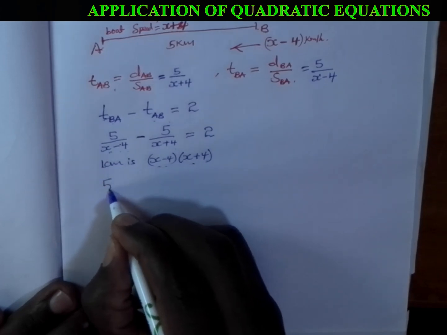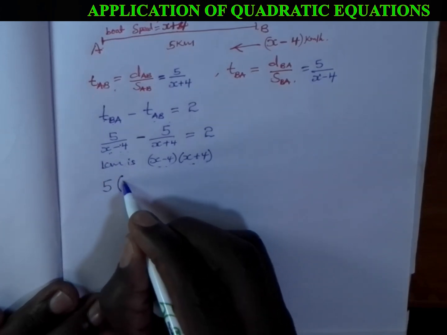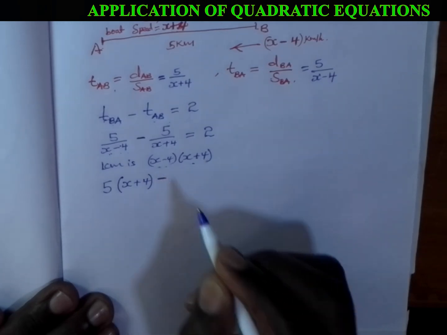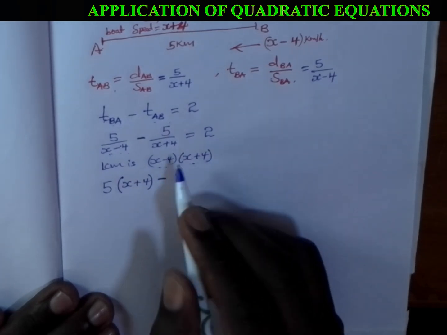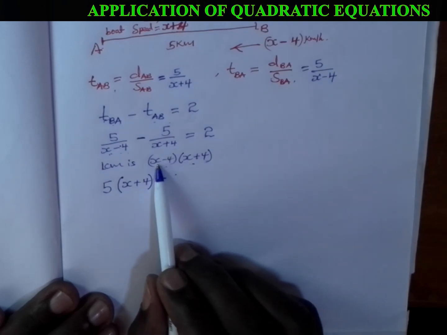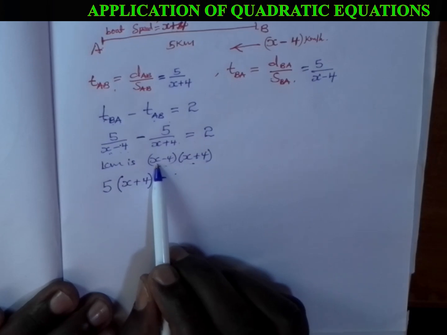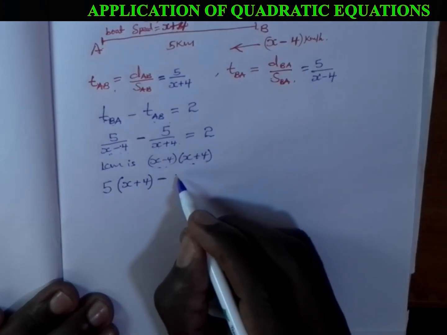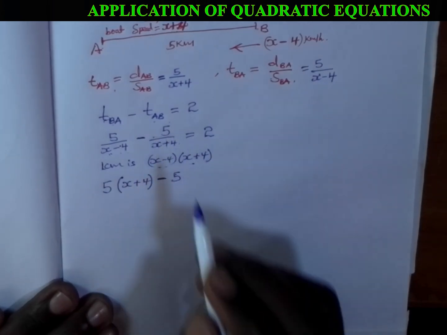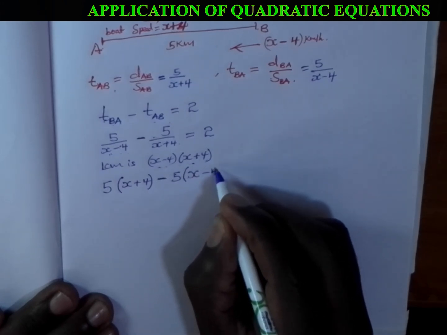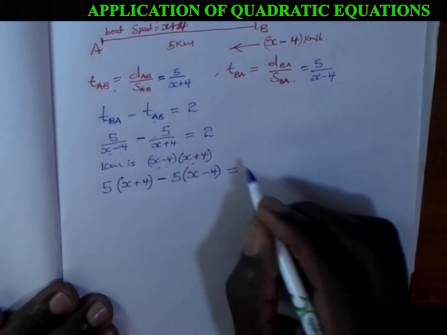So we have 5 multiplied by x plus 4, then minus. The other case, this LCM divided by x plus 4, we end up getting x minus 4. So we have 5 times x minus 4, so the bracket will be equal to 2.